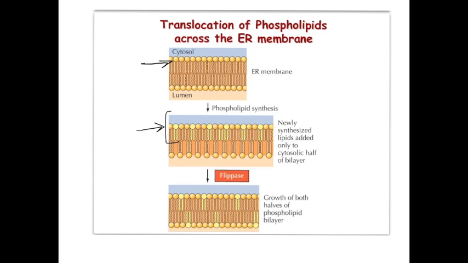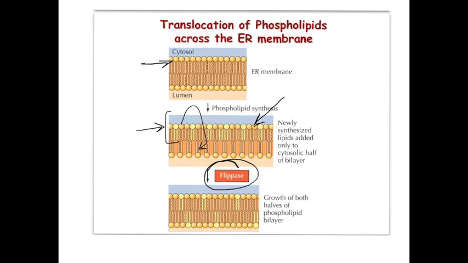Now, since this is not ideal for the cell, there must be a mechanism to flip the new phospholipids from one side of the membrane to the other side of the membrane. And that is done by this enzyme, flipase. The reason why flipase is required for this translocation of lipids from one side of the lipid bilayer to the other is simply because of the hydrophilic nature of the head of the phospholipids.